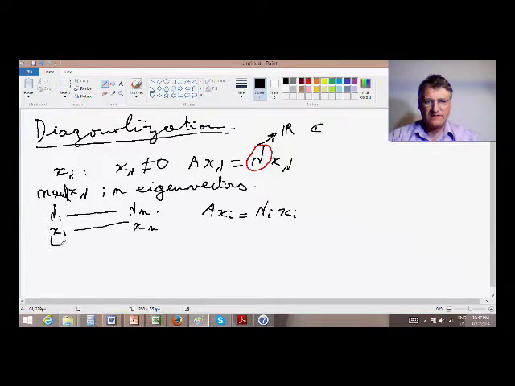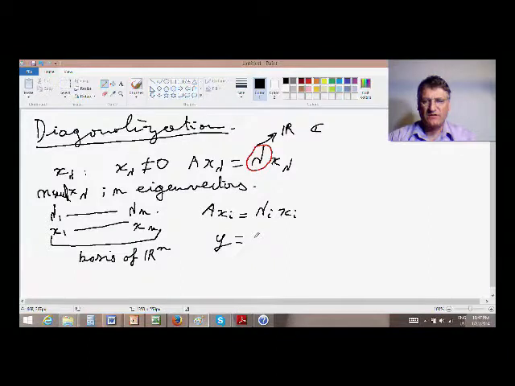Now, we know that if we do our job right, these x1 through xn can be a basis of Rn, in such a way that any vector y I can write as, let's find some notation here, maybe mu1 times x1 plus mu2 times x2 plus etc. plus mu n times xn.